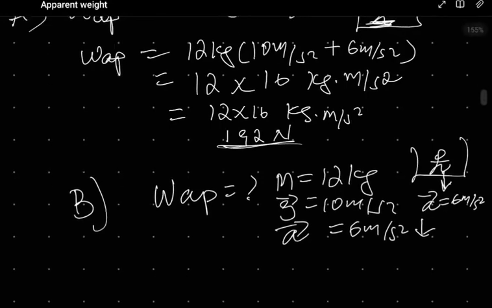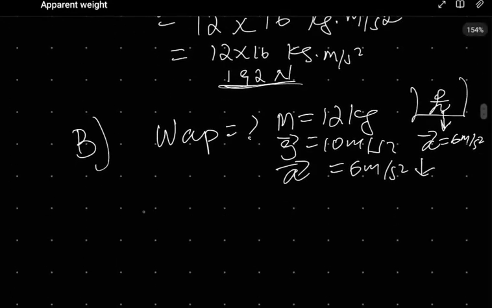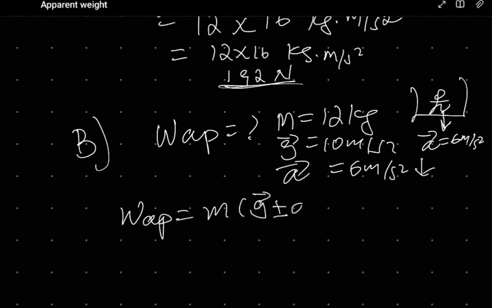Now, the formula for the apparent weight is always the mass times the acceleration due to gravity plus or minus the acceleration of the system. This time it is down, so we use minus: the apparent weight equals the mass times gravity minus the acceleration of the elevator.